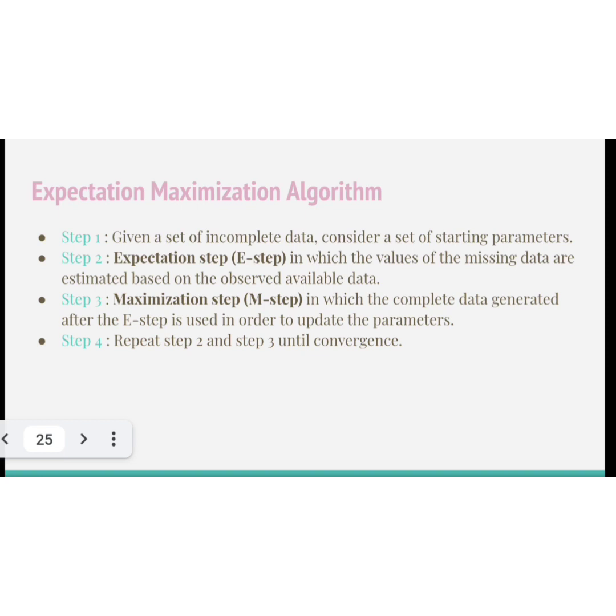So that's what is done in the third step. Now in the fourth step, it is checked whether the values are converging or not. Now if yes, then we will stop, or if it does not converge, then we will repeat steps 2 and 3 again and again until it converges.